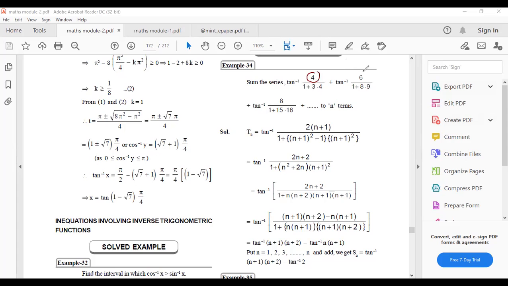But what about the numerator? How is it associated with the denominator? Now you might say, sir, half of the second number is the first number in the numerator. But that is not the case in the first and the second. So we have to think about some common pattern which is to be followed everywhere. Think of it.